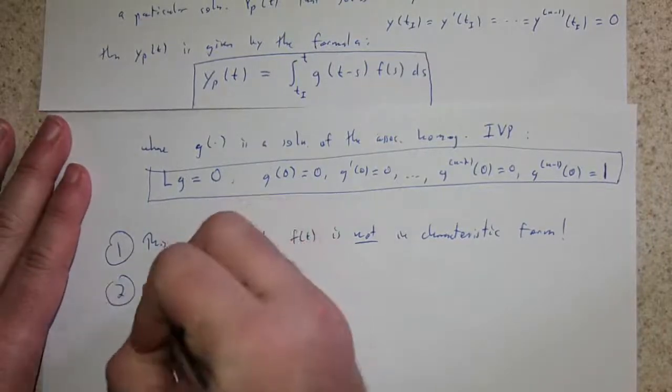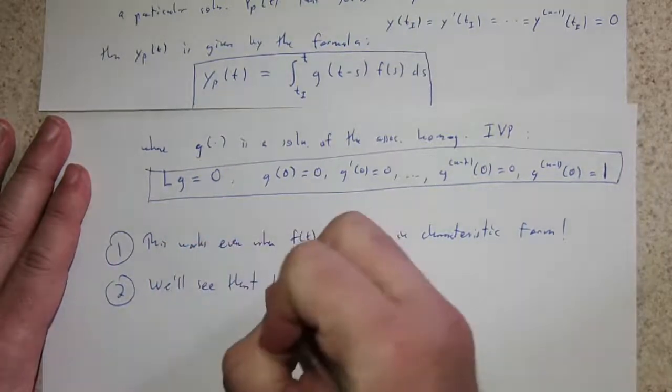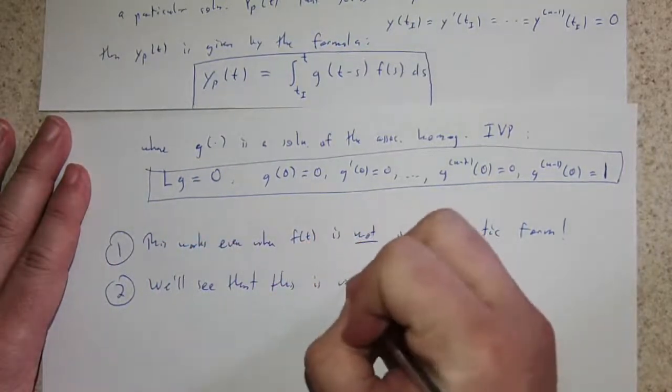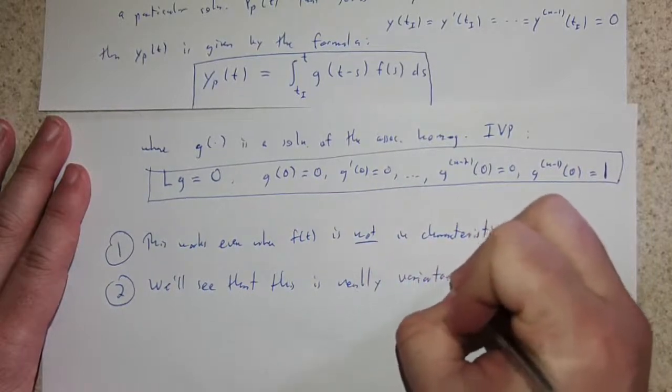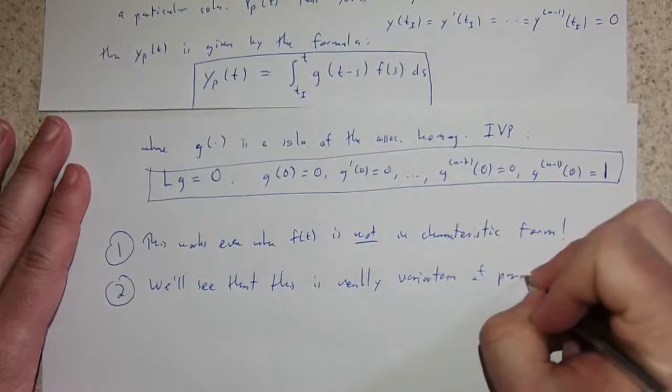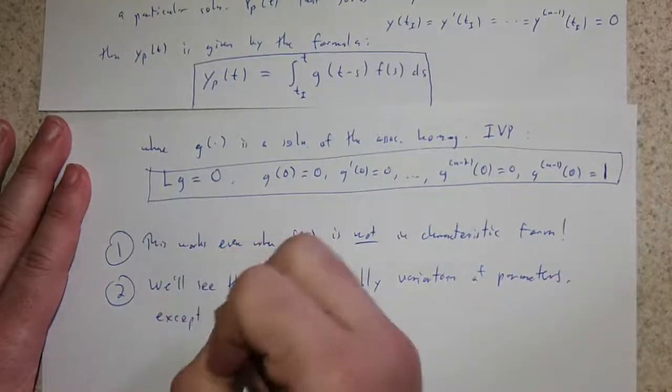And two, we'll see that this is really variation of parameters, except it's hiding.